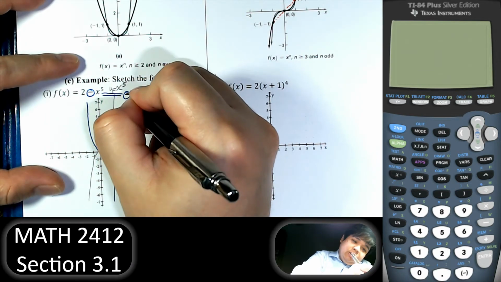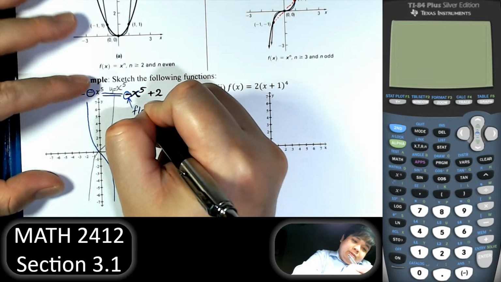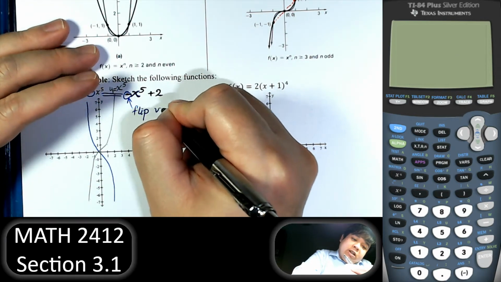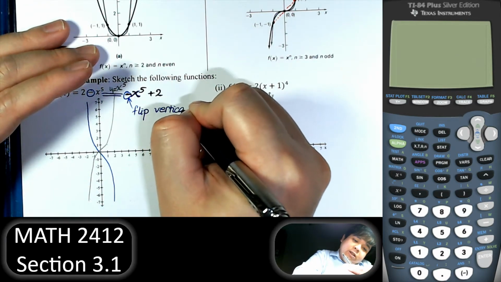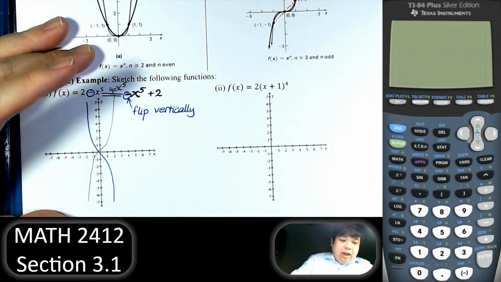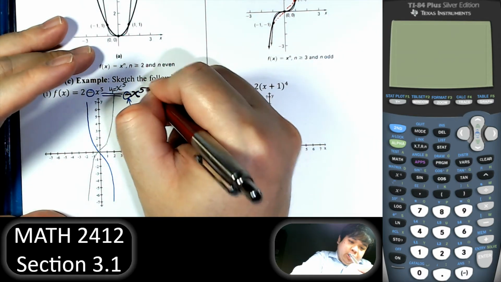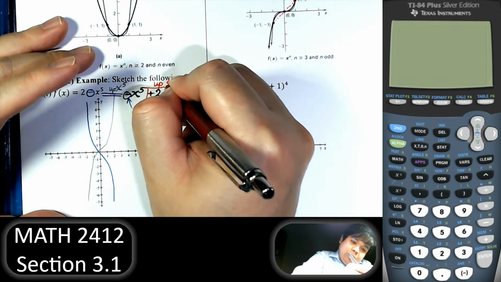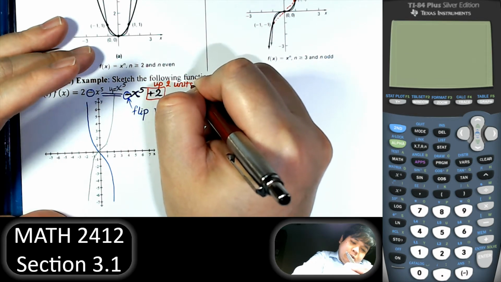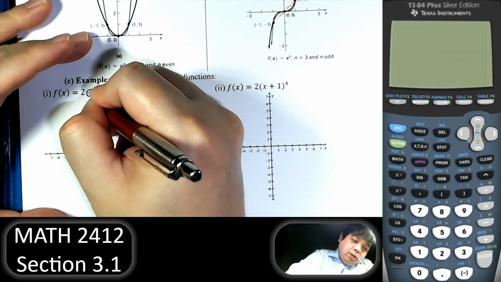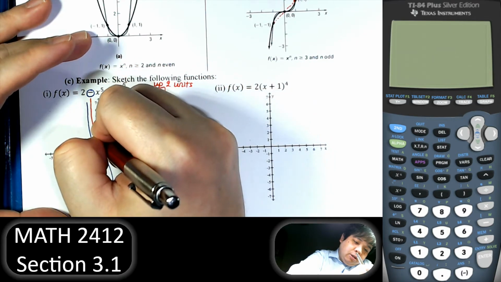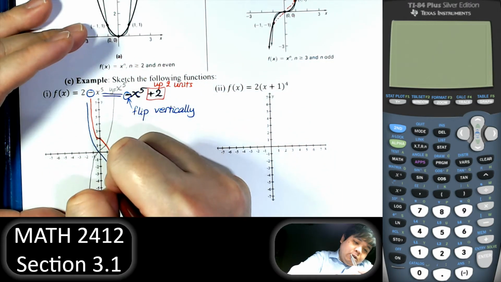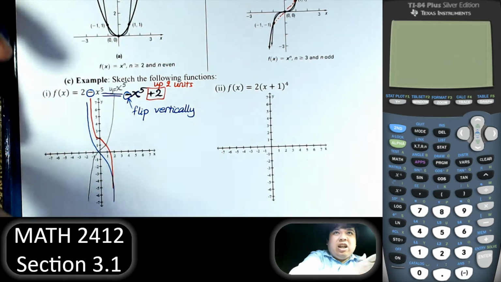So this negative means flip or reflect vertically. And then after that we go up 2 units. So yeah, we just get a sketch here.